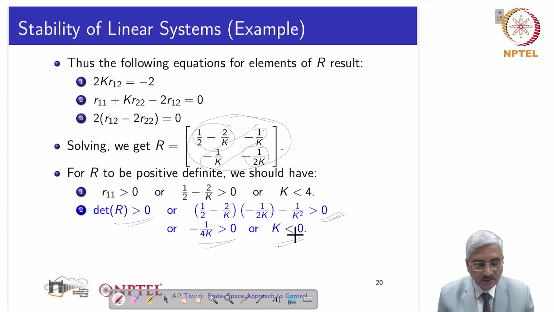So we get that if k is less than 4 and k is less than 0, these two conditions, then this R will be positive definite.